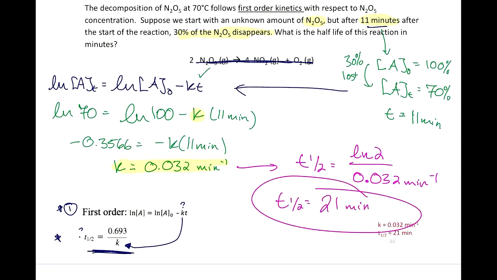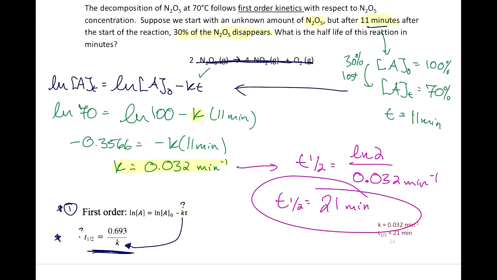It takes 21 minutes to lose half your sample. So this is a two-part question. I give you enough information to calculate K, the rate constant, and then I can plug it into the half-life equation. We can't just do it directly because I give you time information that's not quite a half-life.